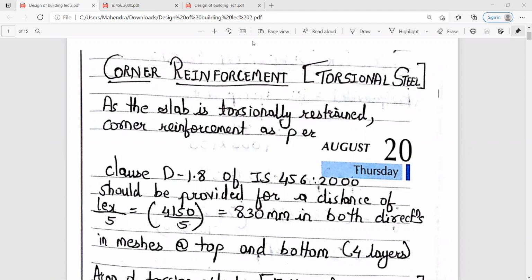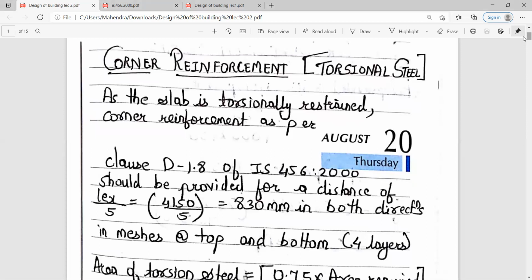So mesh you will provide at a distance of 830 mm in both the directions for the top and the bottom for the 4 layers. So note down up till here for the corner reinforcement.